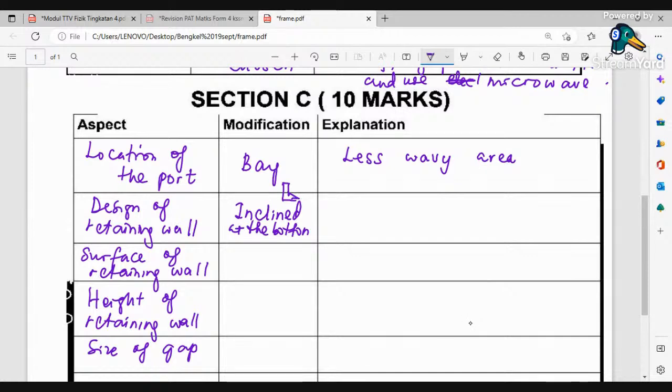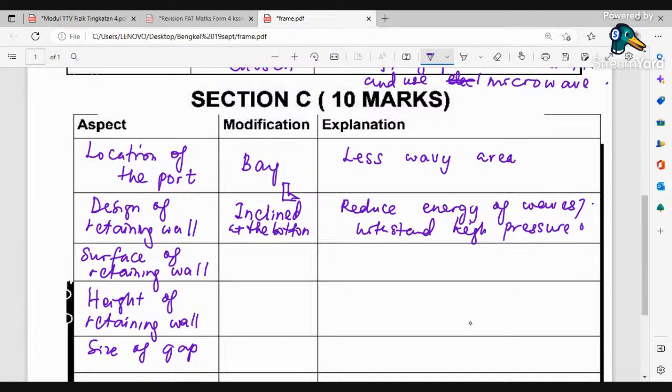So inclined at the bottom, it will reduce energy, or withstand high pressure of water. That's okay. Surface of retaining wall is uneven or rough also can.